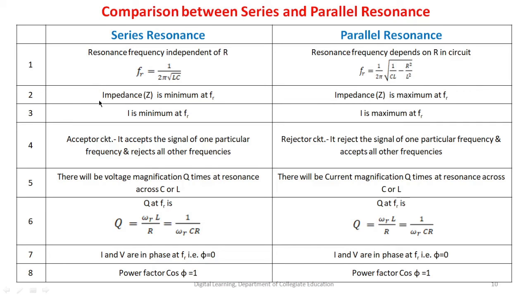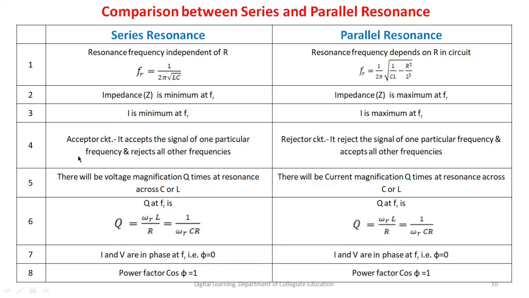So the second difference is the impedance, represented by Z, is minimum at resonance. In parallel resonance, impedance is maximum at the resonance. And the third difference is current is minimum at resonance. In parallel resonance, current is maximum at resonance frequency.